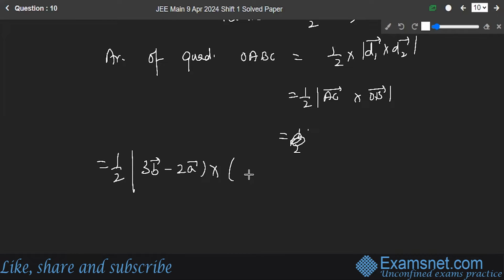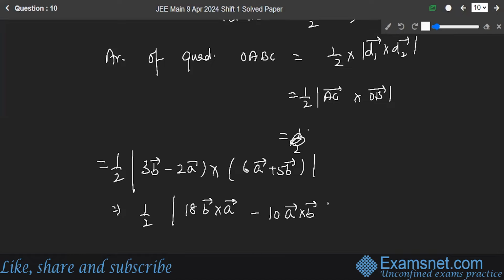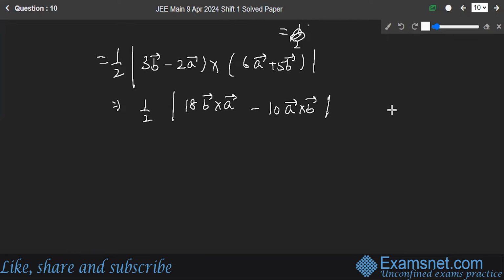What is OB equal to? It's given in the question, 6A plus 5B. So this makes it half of 18 B cross A minus 10 A cross B, or this is equal to, let's take it outside.